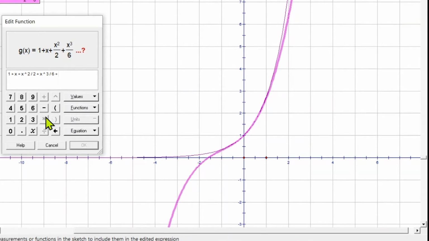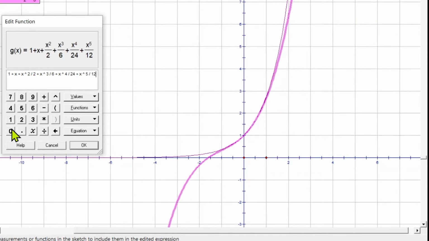So plus x to the 4th power over, what's 4 factorial? 24. Yeah. Plus x to the 5th power over 5 factorial. Calculator standing by. Somebody tell me what 5 factorial is. 120.